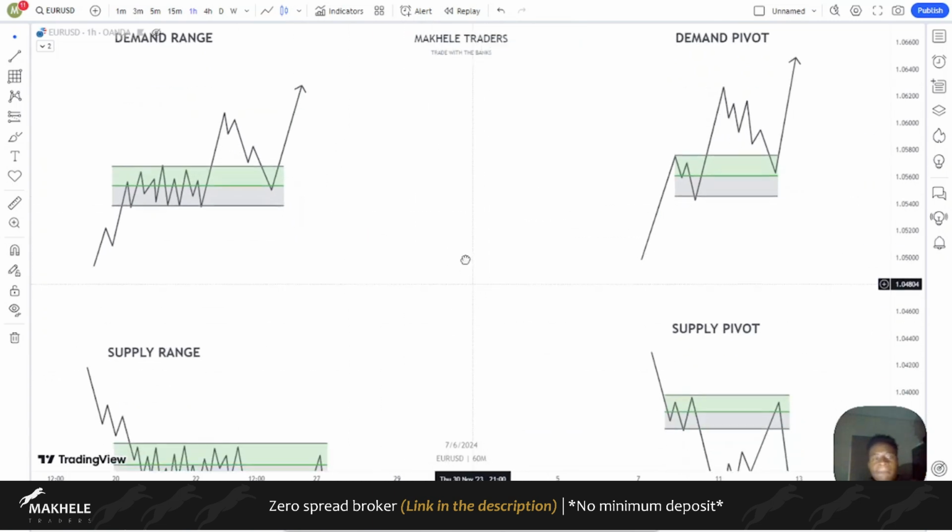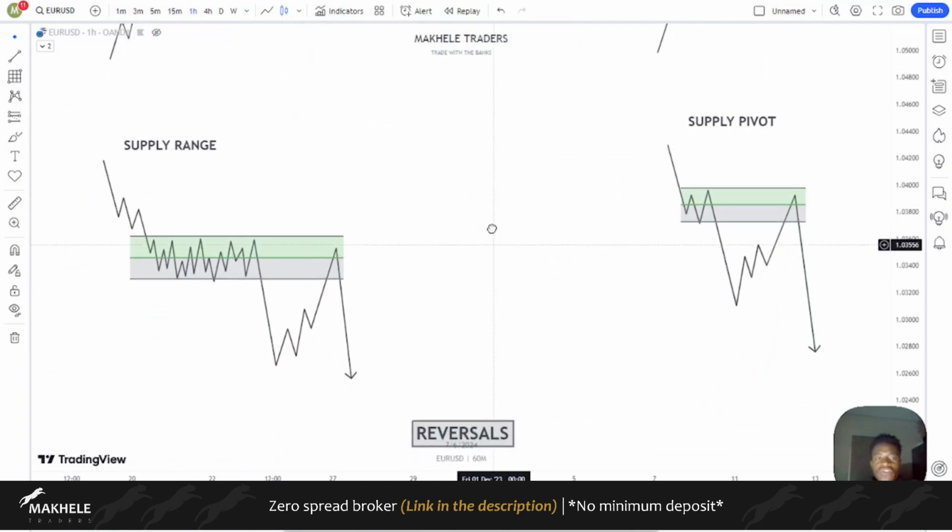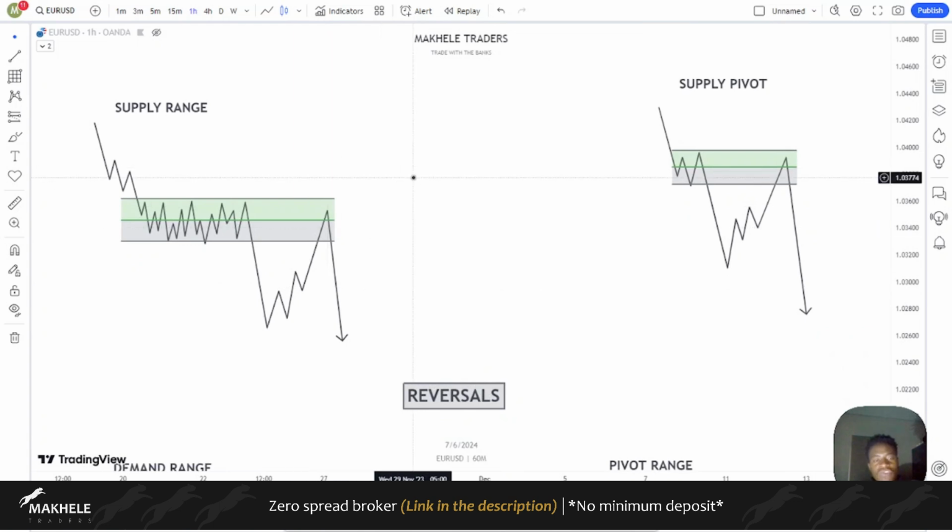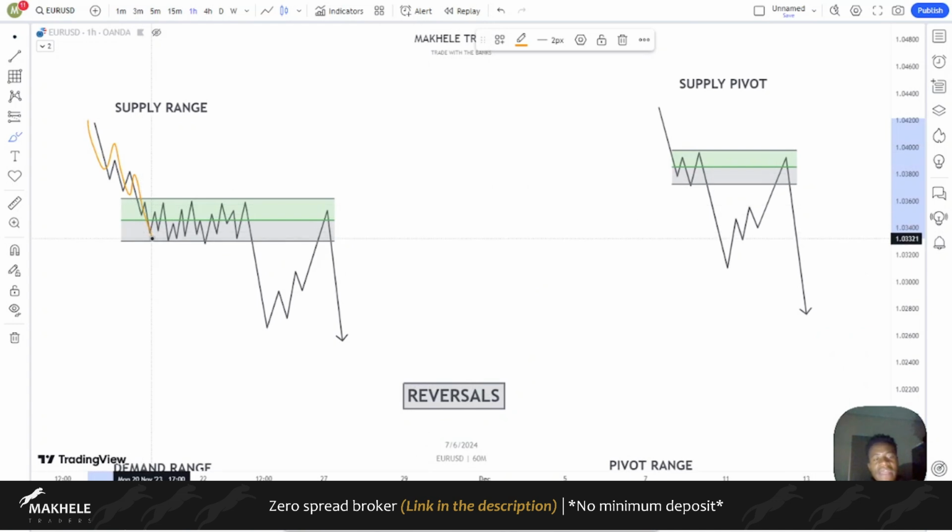Let's look at the bearish continuations. So this bearish continuation of a supply level, it's like this. Price was in a bearish trend, as you can all see, and then it reached a certain level where it ranged by failing to break the previous highs and previous lows. And then there is a time where price will shoot to the downside. After shooting to the downside, price will come back and mitigate this level. We call it a pullback.